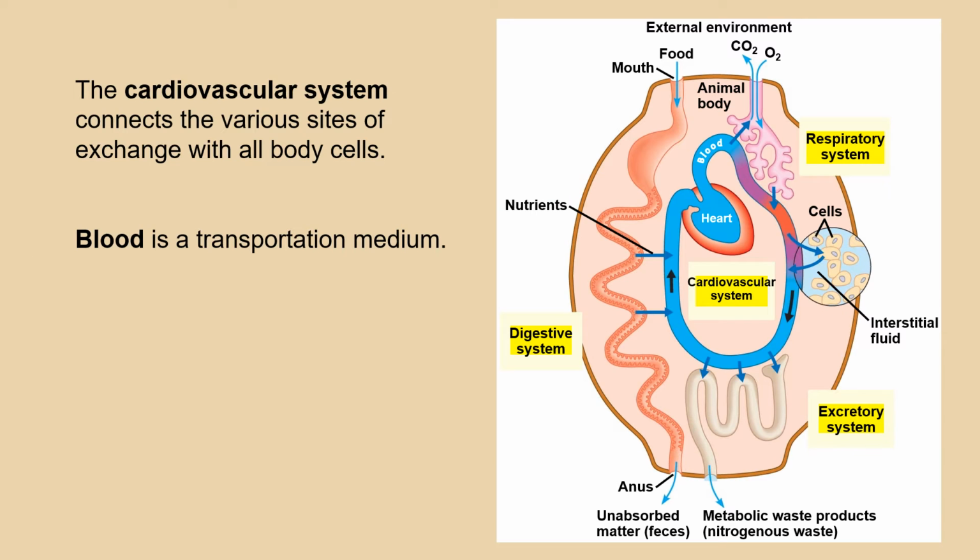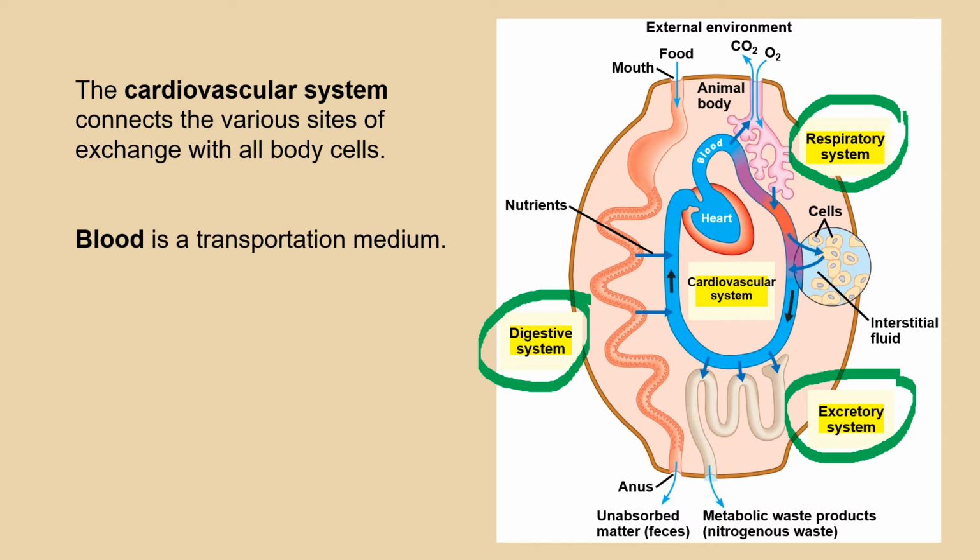I like this diagram a lot. It's another schematic diagram. It's not intended to represent any particular organism, but instead it represents all organisms that have a cardiovascular system. And we see the same components here. We see a muscular heart that pumps blood through a series of tubes called blood vessels. And again, the organs of exchange, the respiratory system, the digestive system, and the urinary system are connected via the blood to all body cells.